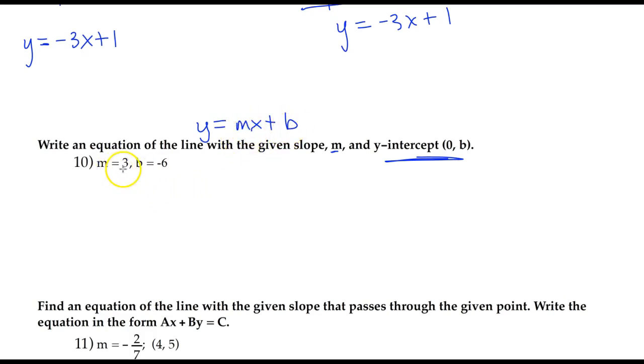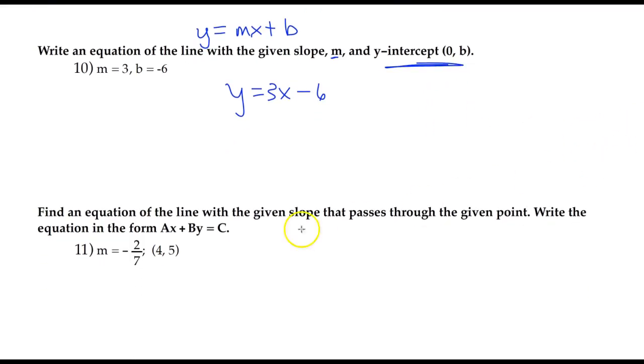So if I use 3 for the slope and negative 6 for the y-intercept, what I'm going to have is the following. y equals, in place of m, put 3, x plus, in place of b, put minus 6. And that is the equation of the line. That's all there is to it.